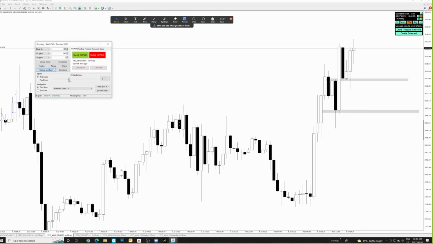Price is still open. We're going to wait for the candle to close, and once the candle closes, we will reevaluate what we'll do. But what we have done is redrawn our zones at this point.